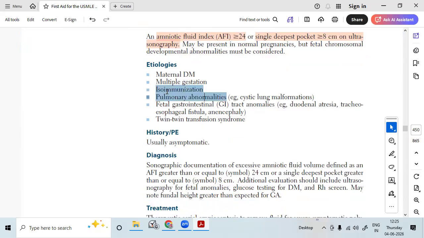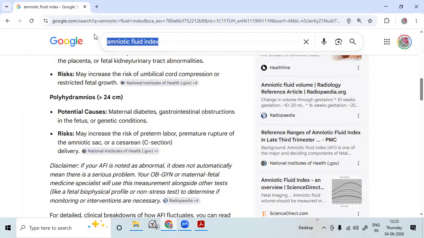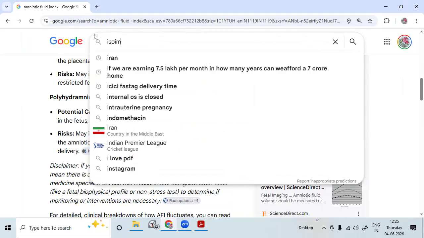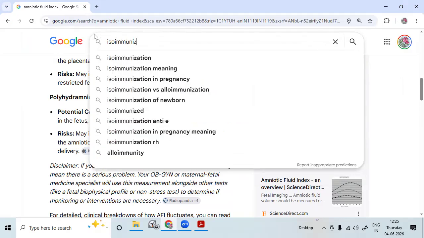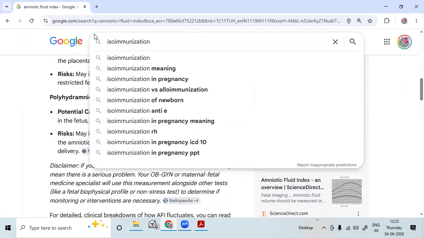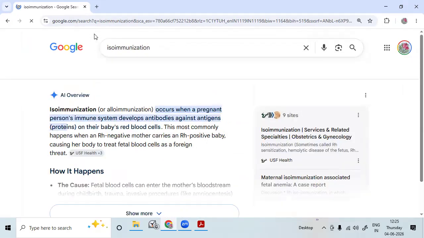What is isoimmunization? Let's see. It is when a pregnant person's immune system develops antibodies against antigens of the baby.